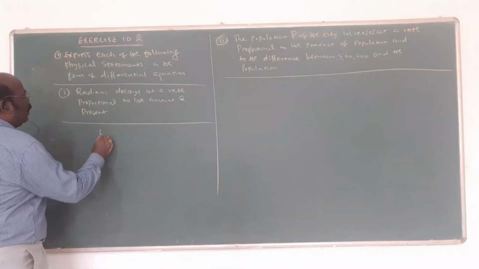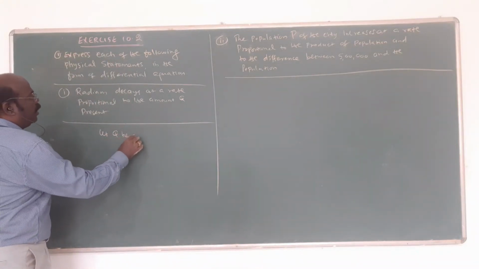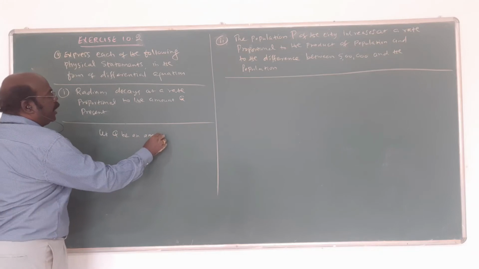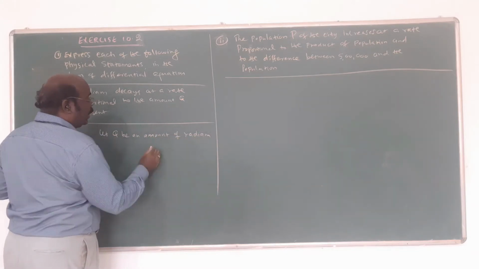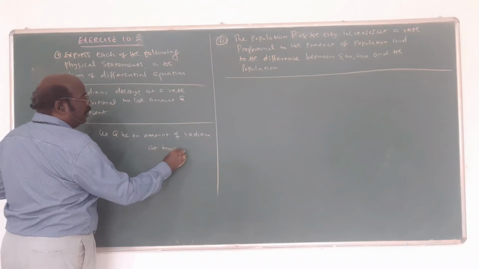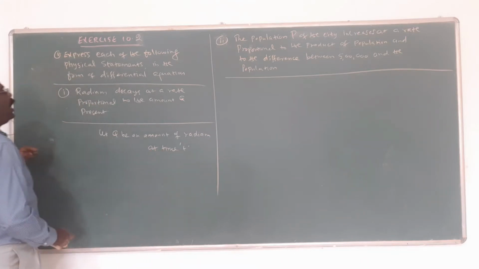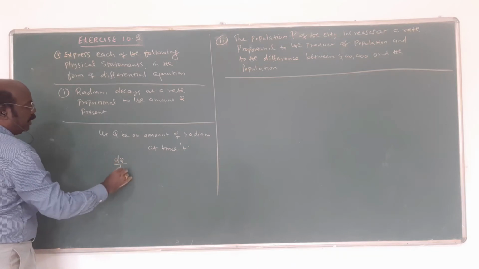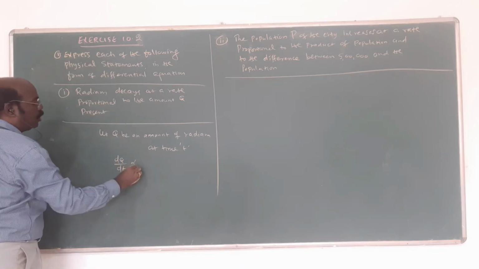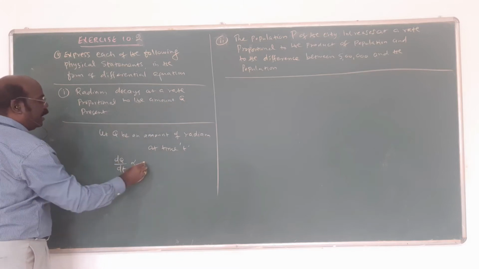Very first, let Q be an amount of radium at time t, which is important. At time t, what is that? The radium at the rate, meaning dQ by dt, is proportional to the amount Q present.